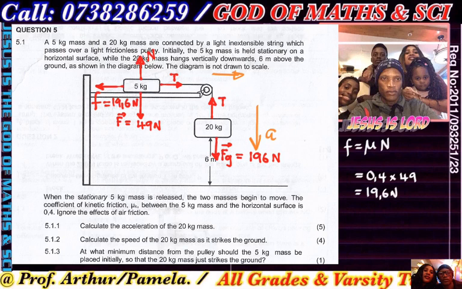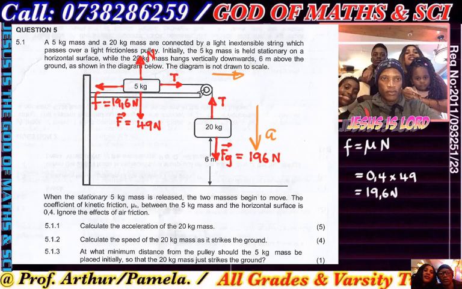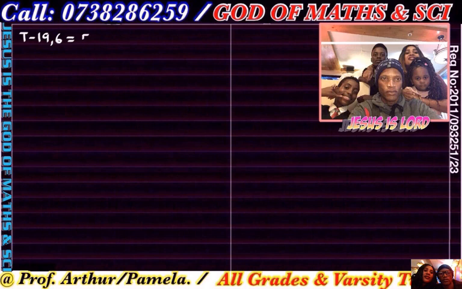Now, using the 5 kilogram block, forces pointing to the right minus the one pointing to the left: T minus 19.6 equals mass times acceleration, where the mass is 5, so 5a. Of course, the mathematicians will call that equation 1.